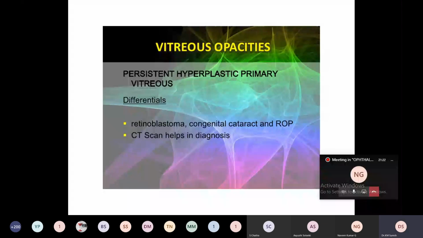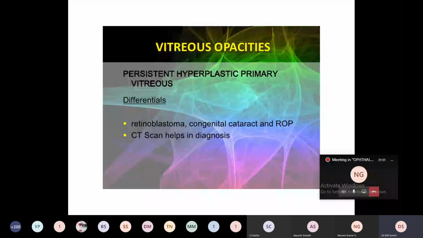The differential diagnosis for leukocoria will be retinoblastoma. Sometimes you will be asked what are the differential diagnoses for leukocoria. Of course, here in context with vitreous, we are studying about PHPV, and you should also know other differential diagnoses of leukocoria like retinoblastoma, congenital cataract, and ROP.